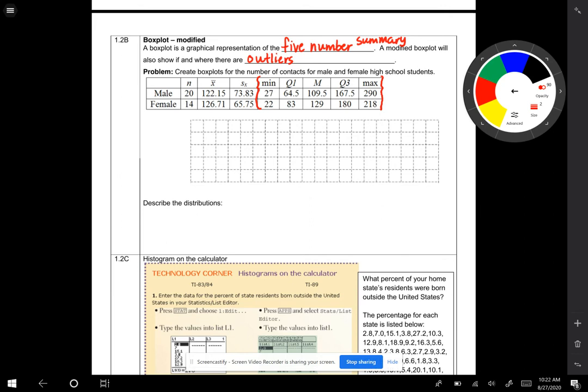So what I did was I took the largest for males, which was 290, subtracted the smallest, and that was 263. Then I divided 263 by 21, and I got about 13 something.